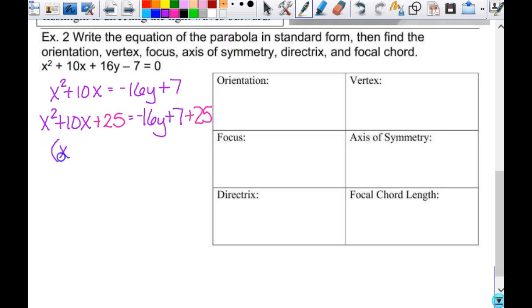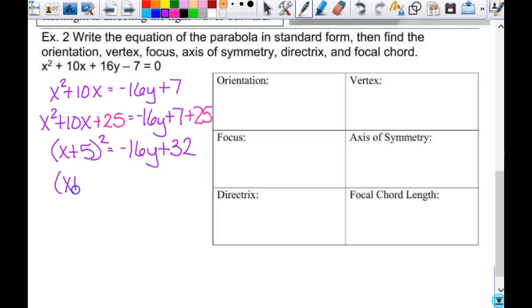So this becomes (x + 5) squared equals negative 16y plus what? 32. Then what do I have to do? Is this in standard form? Look at your standard form. I've got one more step. I've got to factor this out, right? Because my coefficient in front of y inside those parentheses has to be 1.